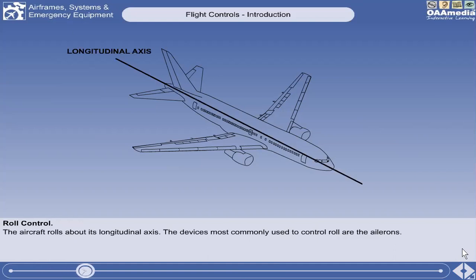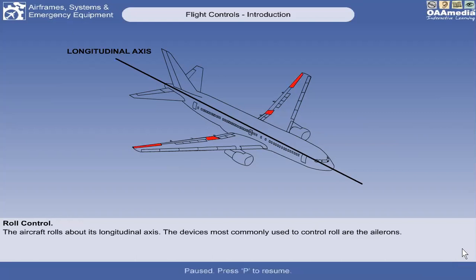The aircraft rolls about its longitudinal axis. The devices most commonly used to control roll are the ailerons. Be specific now with the terms around, about, and along. Although around and about are almost similar, you must be critical with the terms about and along. The aircraft rolls about its longitudinal axis.